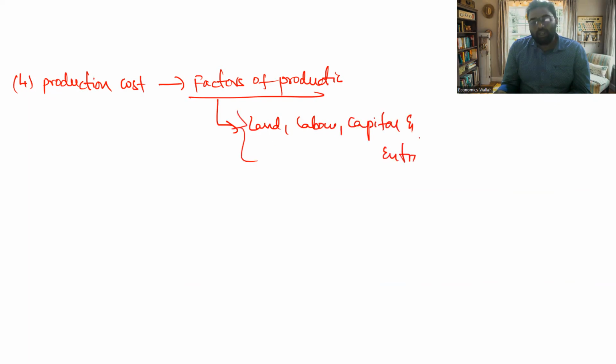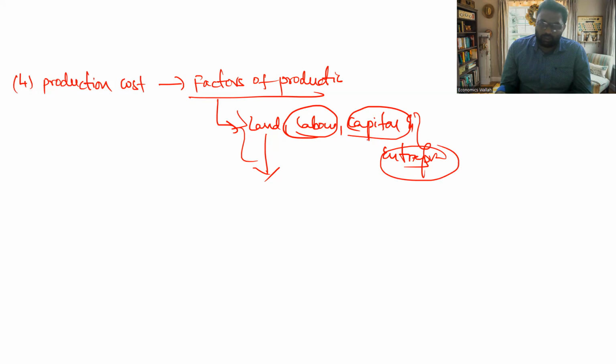Whenever there is a price rise for land, labor, capital, or entrepreneurship, if the production cost of any one of the factors of production increases, the inflation rate also increases.